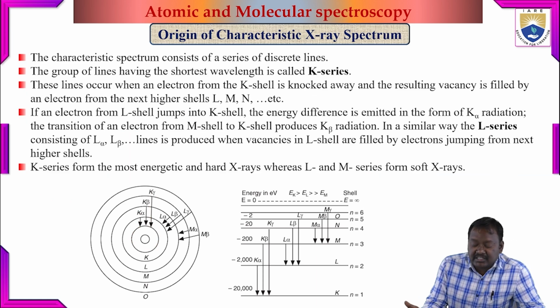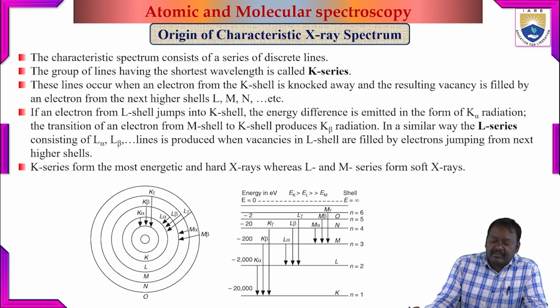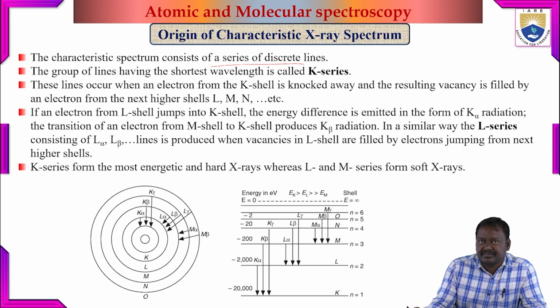Origin of the characteristic X-ray spectrum. Whenever we observe the characteristic X-ray spectrum emitted by different elements, we can see many important points. It consists of a series of discrete lines like K alpha.